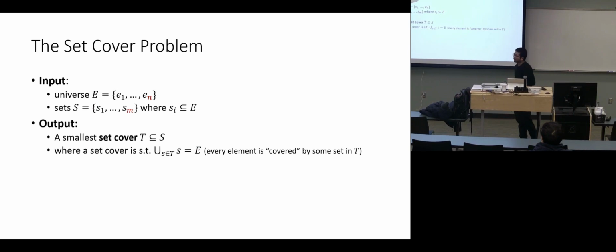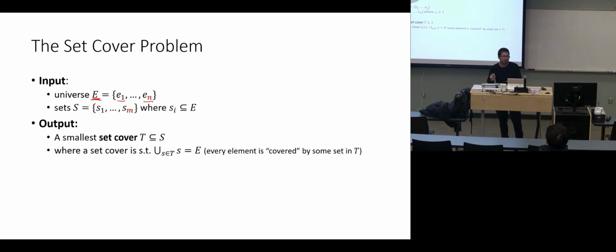But this problem, for example, can be abstracted in this way. It's called the set cover problem. So the input is a universe, call it E, and E has elements from E1 to En. So this universe, you can think of it as any point in the map.